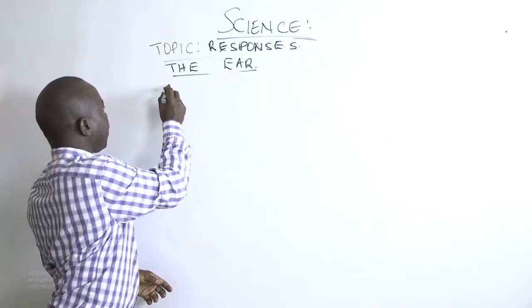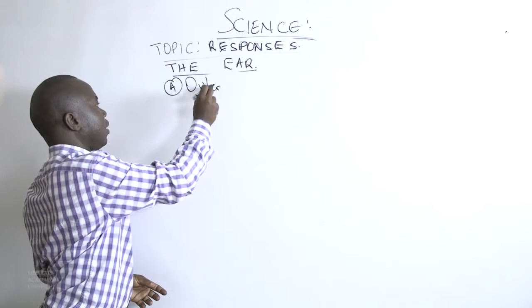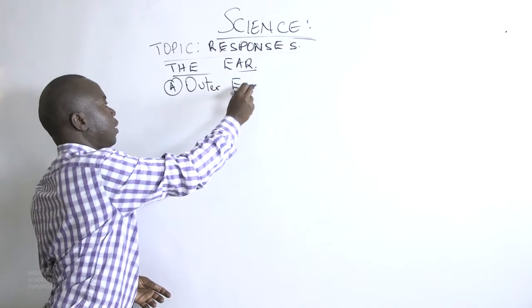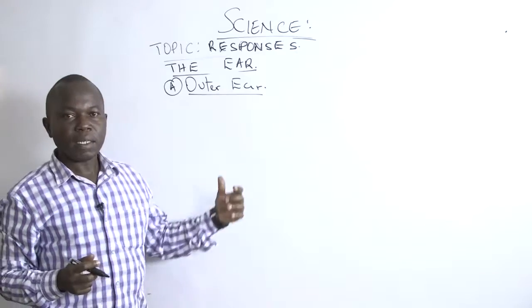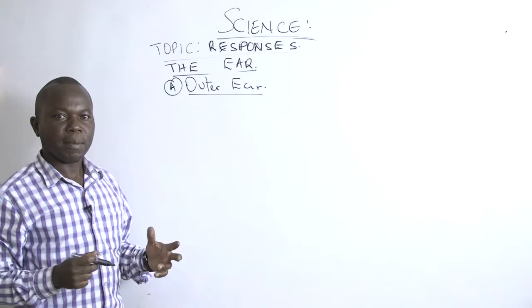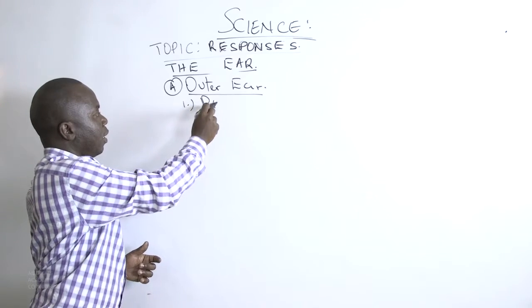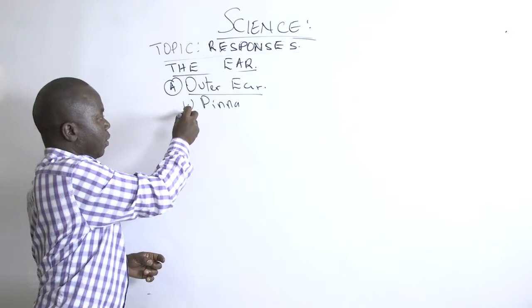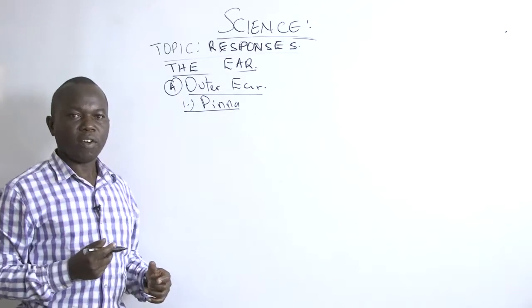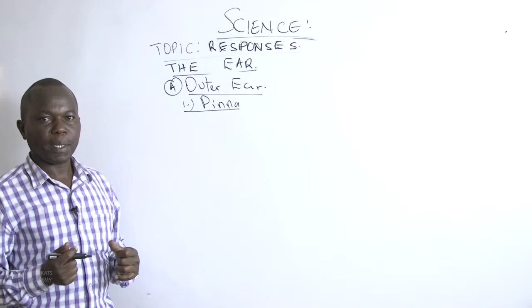So we start with the first part, the outer ear. What makes the outer ear? We have said we have two parts. The pinna makes the outer ear. Look at the structure of a friend or somebody close to you, and you will see the pinna.